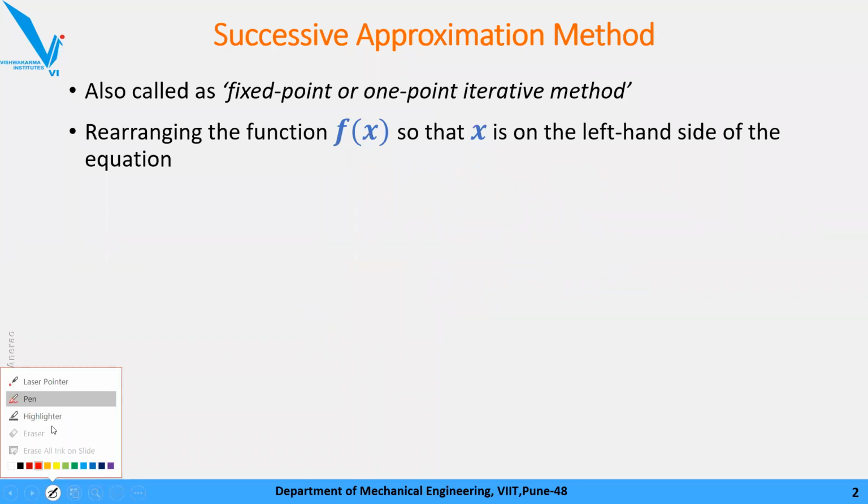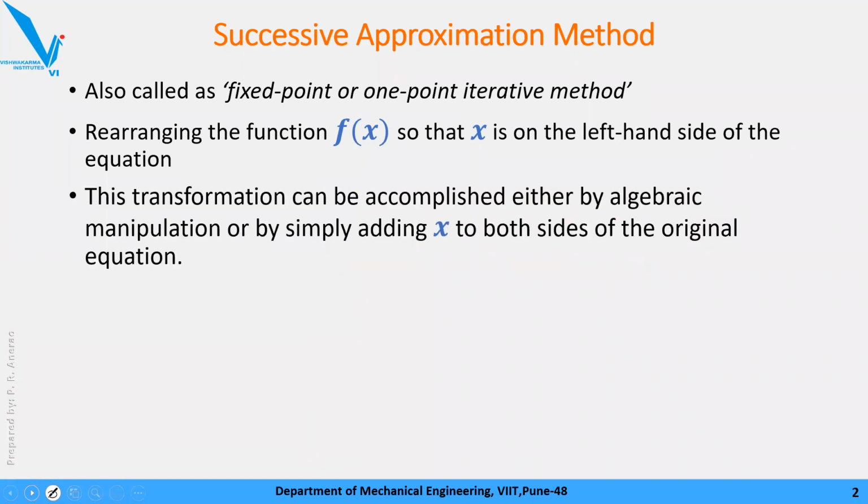We will try to understand the method first. Okay, now step number 1 says that rearrange the f of x such that x is on the left hand side, and that function we call g of x. Okay, so how can we get that x onto the left hand side? First, you can do some manipulation of that function, or simply add x to both sides of the function.